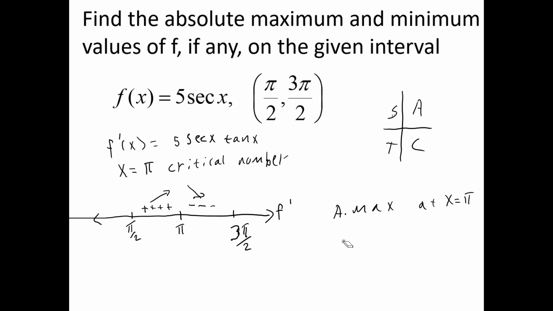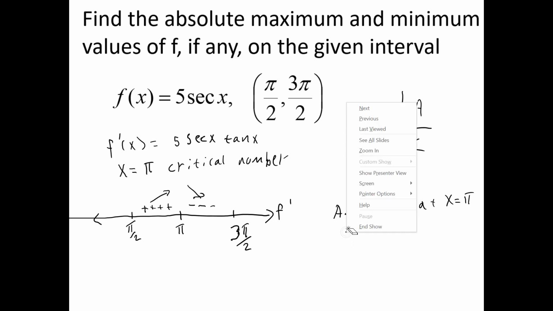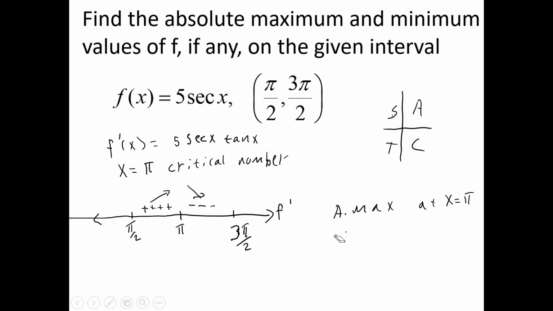And if we were to look at the graph of that, again, like I said, at pi over 2 and 3 pi over 2, the cosine is 0, so the secant is undefined, and we have a vertical asymptote. Right in the middle at pi, the cosine of pi is -1.